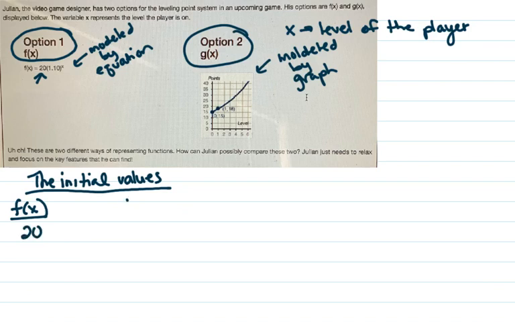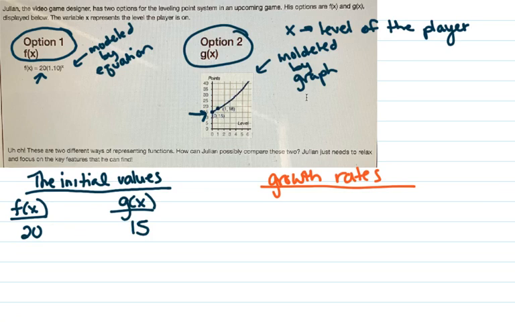And for g of x, we can find our initial value by looking at the y-intercept, which is 15. So of the 2 point systems, option 1 starts off with the highest amount of points. Okay, so let's look at their growth rates.